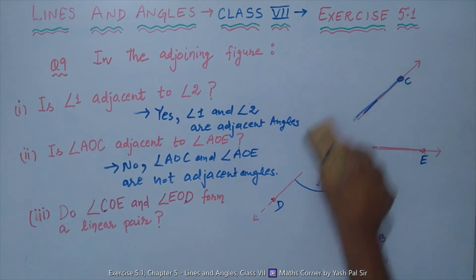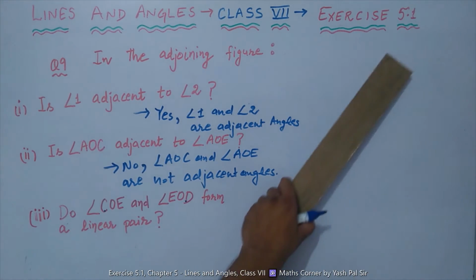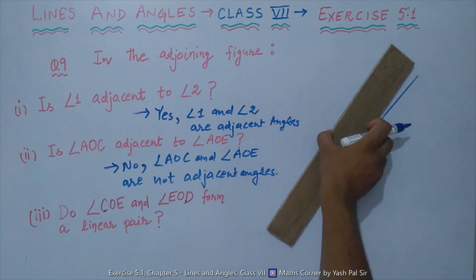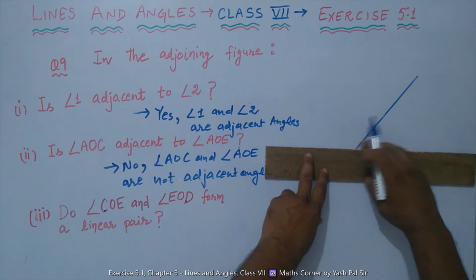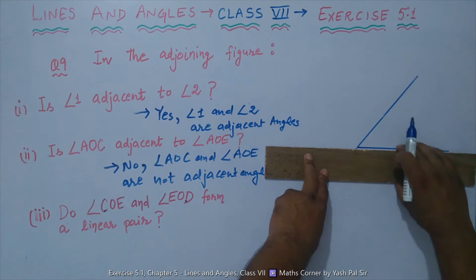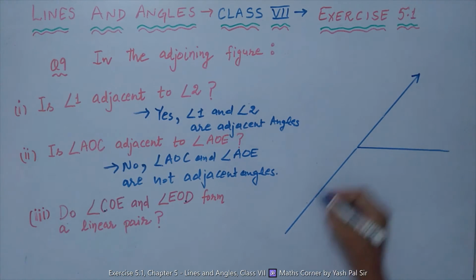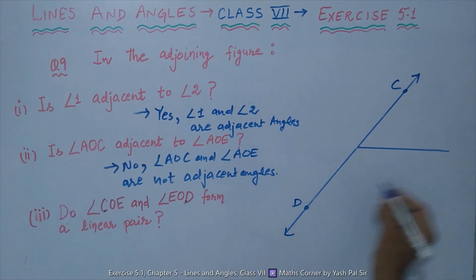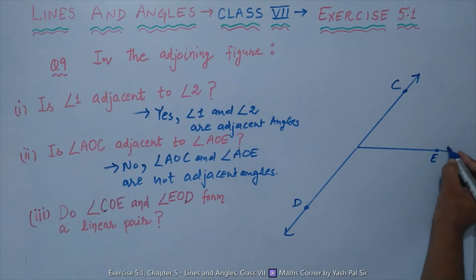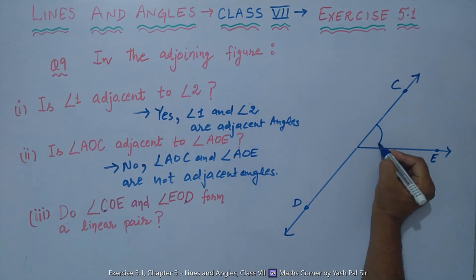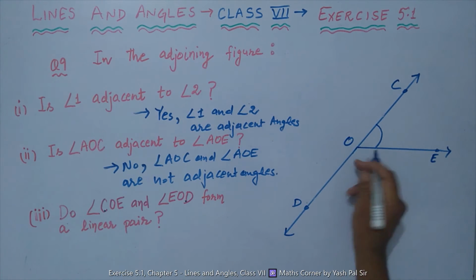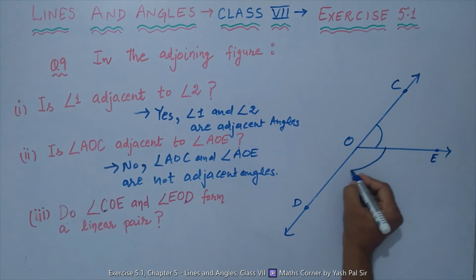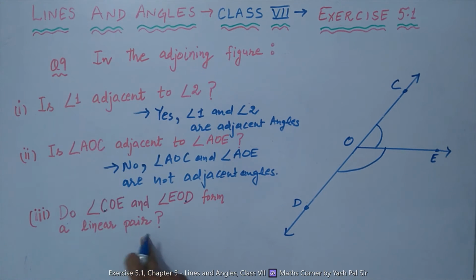So we have to see only that part of the angle, this way, right? One is here and second is here. So this is C, this point is D, and this point is E. Okay, so angle COE and EOD, this is O, do they form a linear pair?